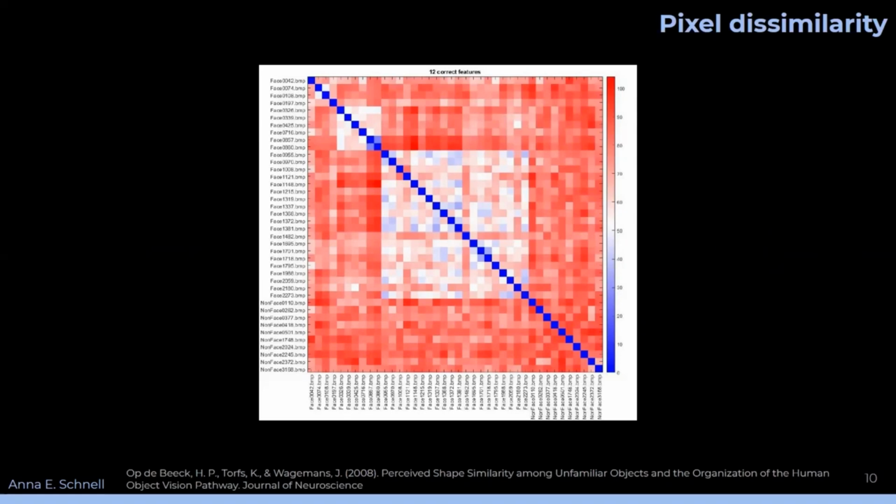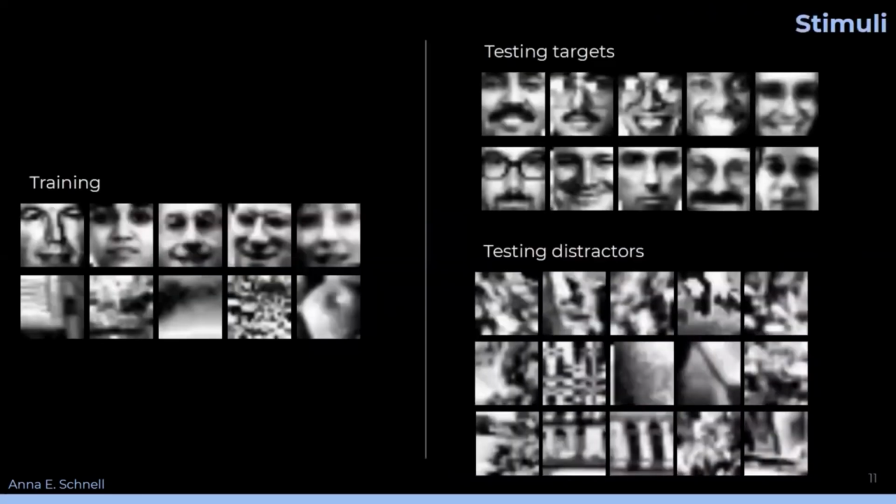When choosing our stimuli, we ensure to pick stimuli that are as dissimilar from each other as possible. We focus on a high dissimilarity within our training set and also a high dissimilarity of the test set relative to the training set. Taking these two measurements into account, we selected these stimuli for our training and testing sessions.